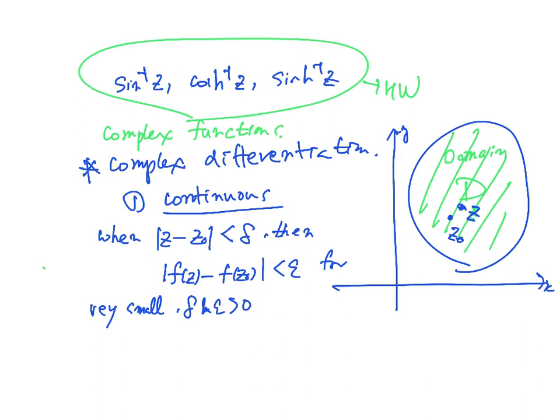So some very tiny number delta, and if the distance between the two complex points is less than delta, then the difference of the function is less than epsilon. Then we say that particular function is continuous.